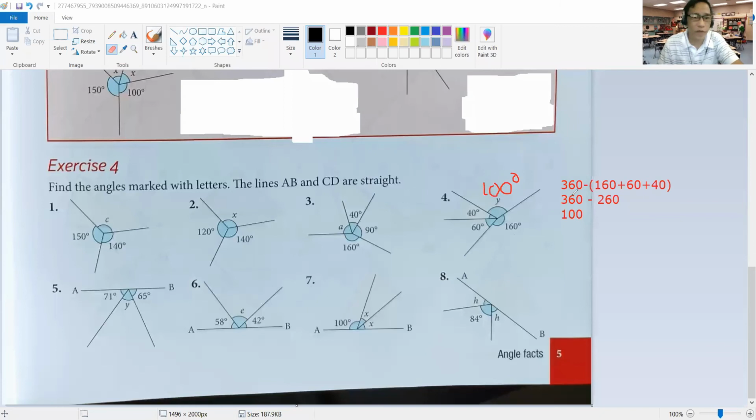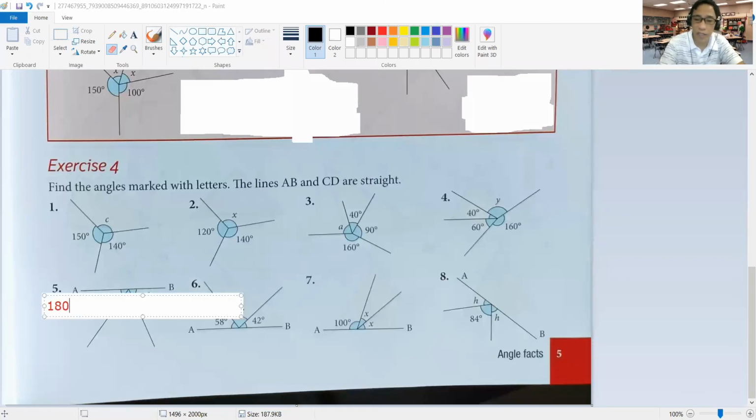Now for questions number 5 to 8, we include the line AB. As you can see here, AB is a straight line, so therefore, the straight line has 180 degrees. For question number 5, all you have to do is the same. Instead of 360, it will become 180 minus 71 plus 65.